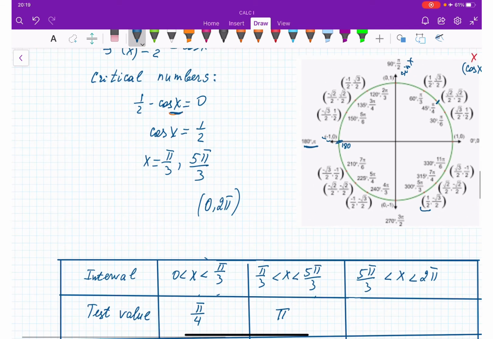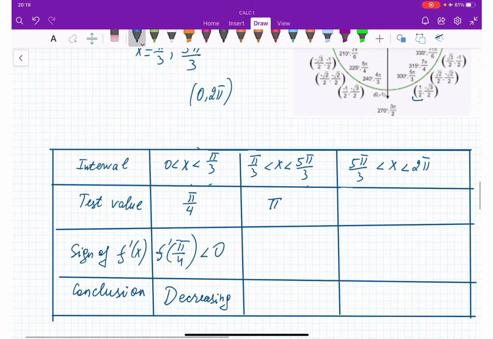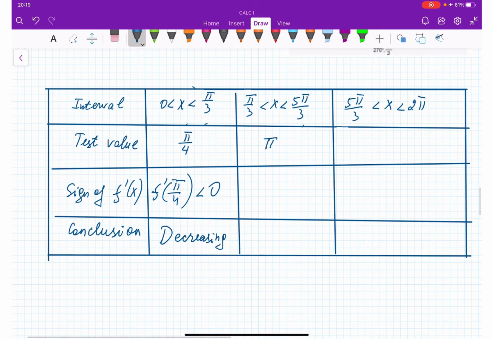So 1/2 minus -1 is going to end up with a plus, which means f prime at pi is greater than 0, which means we have an increase.